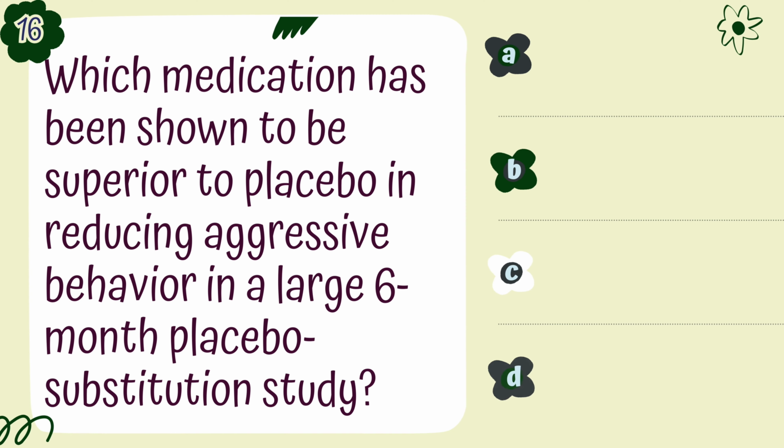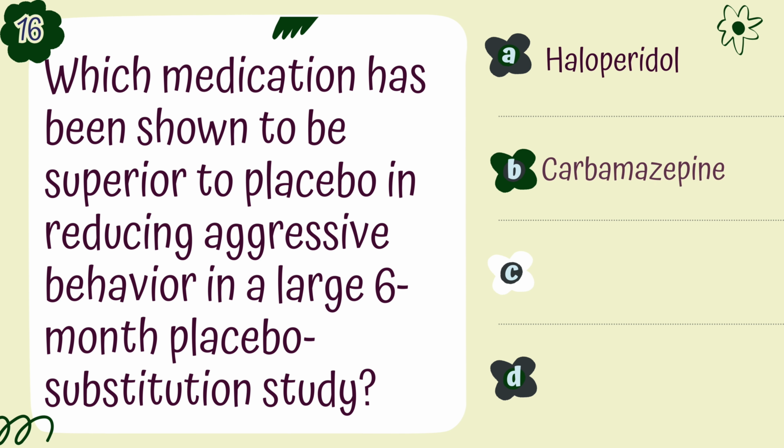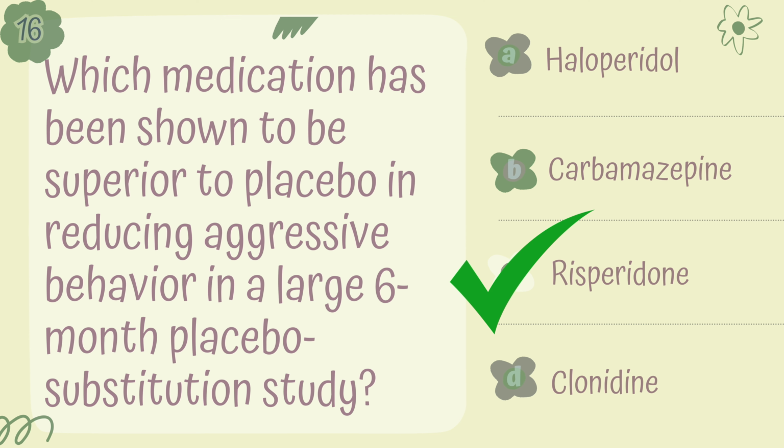Question 16. Which medication has been shown to be superior to placebo in reducing aggressive behavior in a large 6-month placebo substitution study? Was it A, haloperidol, B, carbamazepine, C, risperidone, or D, clonidine? The correct answer is C, risperidone.